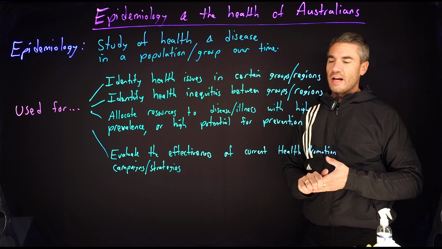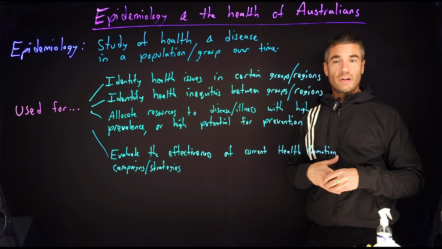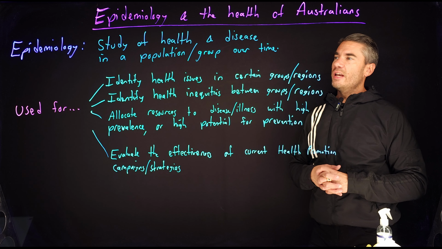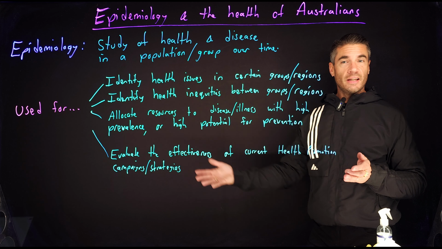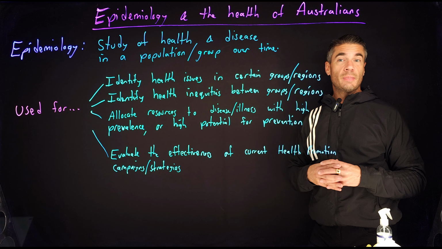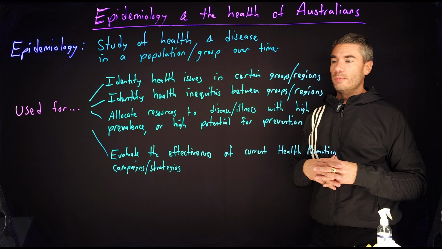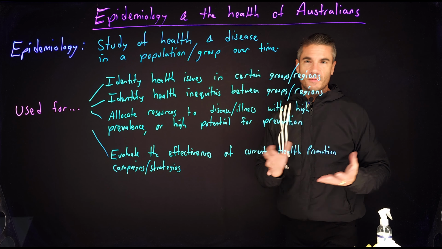We could look at people who have immigrated to Australia or refugees from other countries. We could look at people who live on the coast as opposed to people that live inland. We could look at the people who live in different states, so compare the health of New South Wales compared to people that live in Western Australia, for example. You get the point.